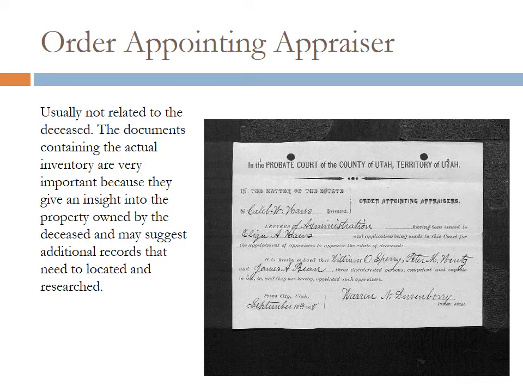The next item is an order appointing the appraiser, and in the way that probate files and orders within the court go, there is usually a petition and then an order and then a notice, or a notice and a petition and an order, and in any case there is always some kind of notice given to the heirs about the proceedings that are going on in the court.